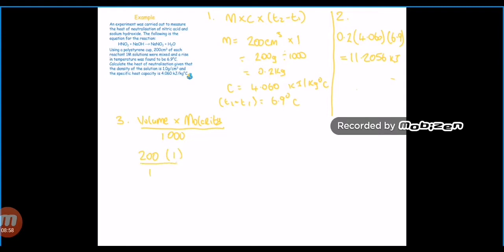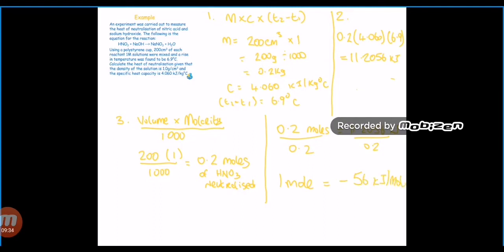Then we divide that by 1000, and we get that the number of moles of HNO3 that were neutralized is 0.2 moles. So now I know that 0.2 moles represents 11.2056 kilojoules of heat. So if I divide both sides by 0.2, that will get me what 1 mole is, and we figure that 1 mole is minus 56 kilojoules per mole.